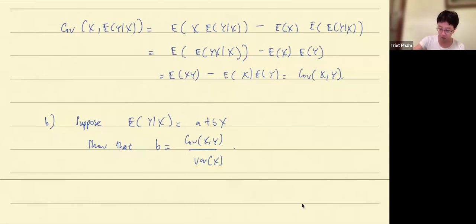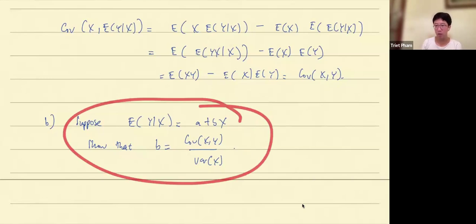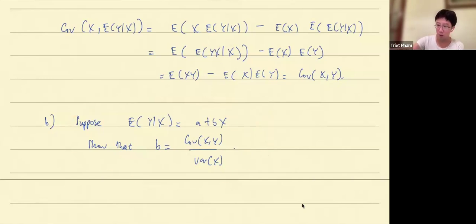I already did it on the previous part, so there's nothing to do here. Just pointing out that that's really how it's used. Any question? All right.